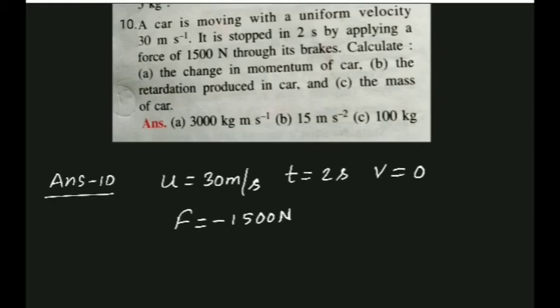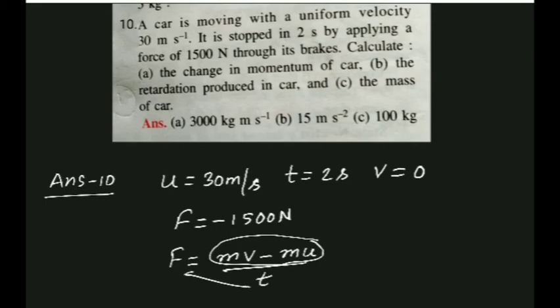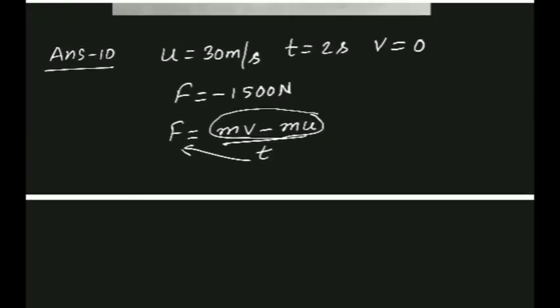Now calculate the change in momentum. Now what is the formula for second equation of motion? This is the formula. Now they are asking for what is the change in momentum. This is called change in momentum, mv minus mu. So what you have to do, simply take t to the other side. Okay, so f into t, this will be change in momentum.